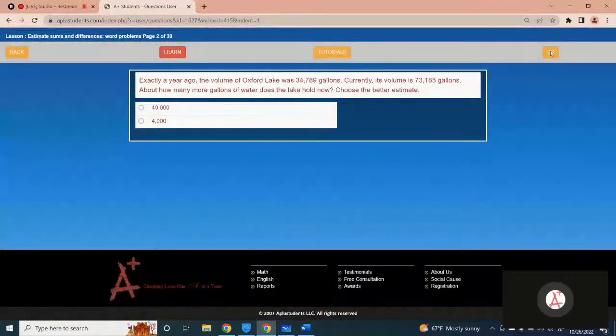Okay, exactly a year ago, the volume of the Oxford Lake was 34,789. Currently, its volume is 73,185 gallons. About how many more gallons of water does the lake hold now? So that means you have to subtract them because the value right now is greater than the earlier value.